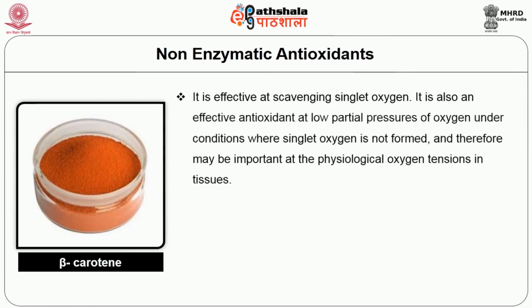Moving on to beta carotene. Beta carotene is effective at scavenging singlet oxygen. It is also an effective antioxidant at low partial pressure of oxygen under conditions where singlet oxygen is not formed and therefore may be important at the physiological oxygen tension in tissues.